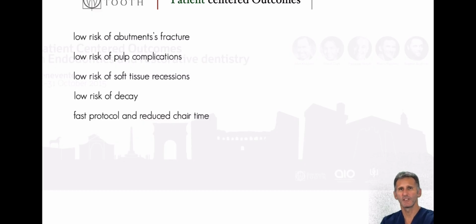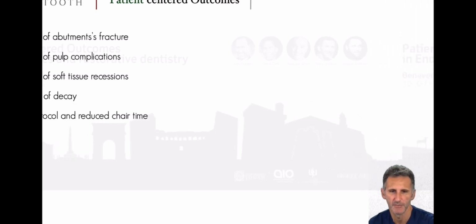I don't want that my gum move far from the crown, because aesthetically is not nice, low risk of soft tissue recession. Doctor, what happened if I have a decay under my crown? Because we know and he knows that this is a problem, so low risk of decay. And also, doctor, how much time are you going to spend with my mouth wide open in order to do this work? And so it is the request of a fast protocol and the reduced chair time.